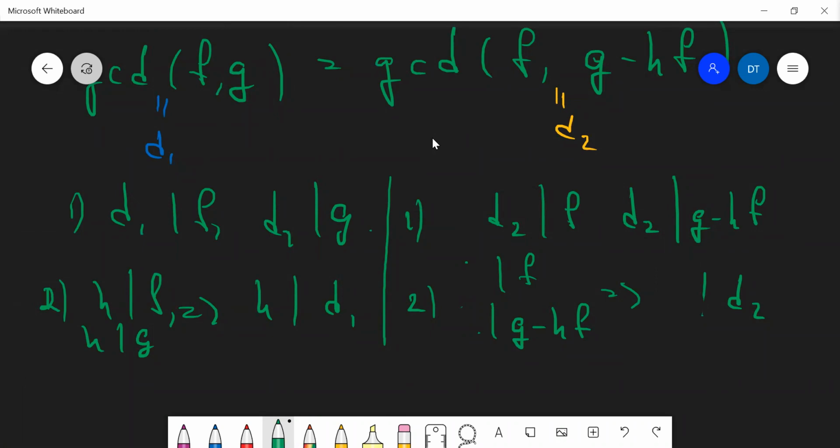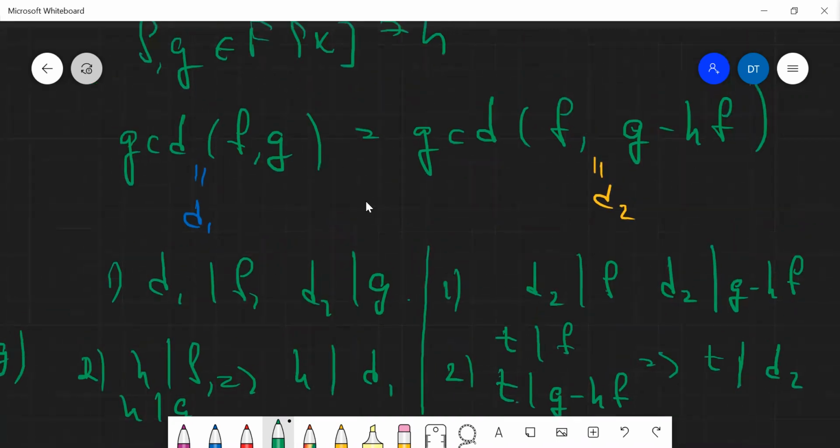Let's say t. Not the best choice for the name of a polynomial, but thank you very much. That was a mistake. So for every polynomial t dividing these polynomials, t must divide D2.